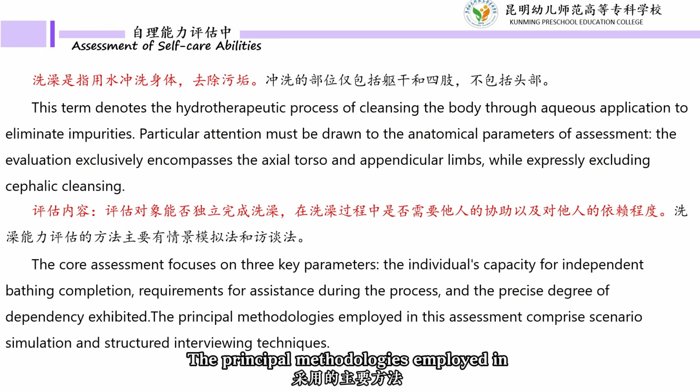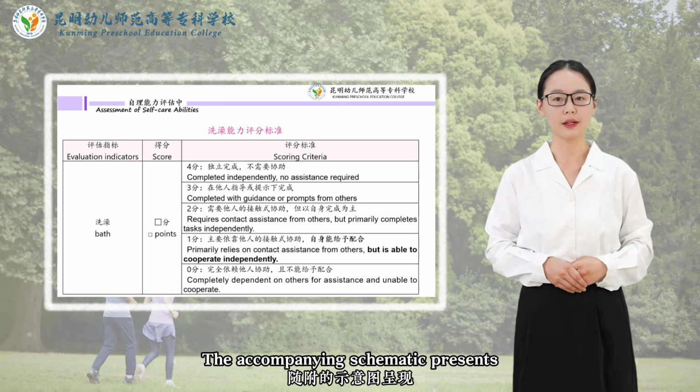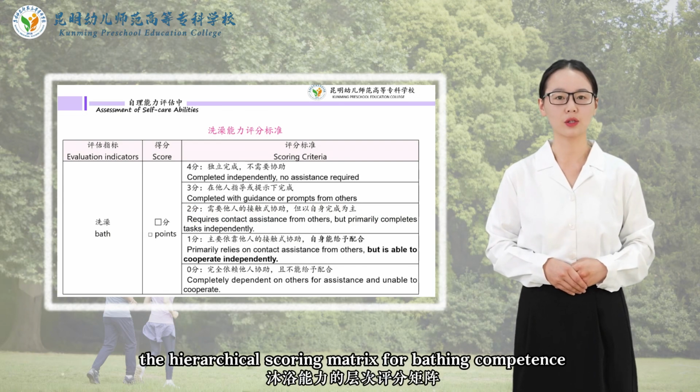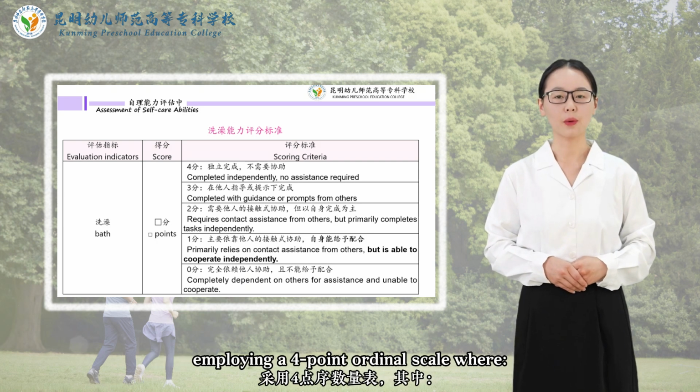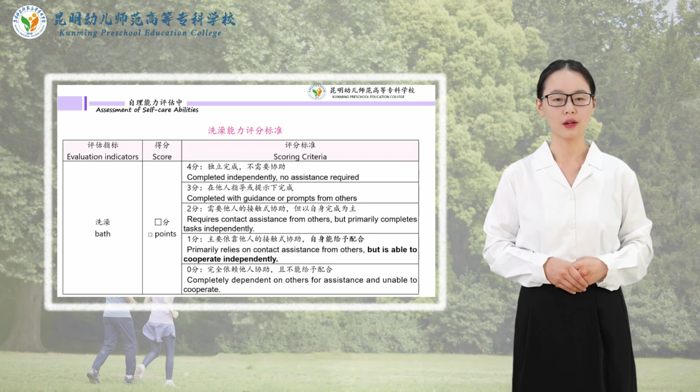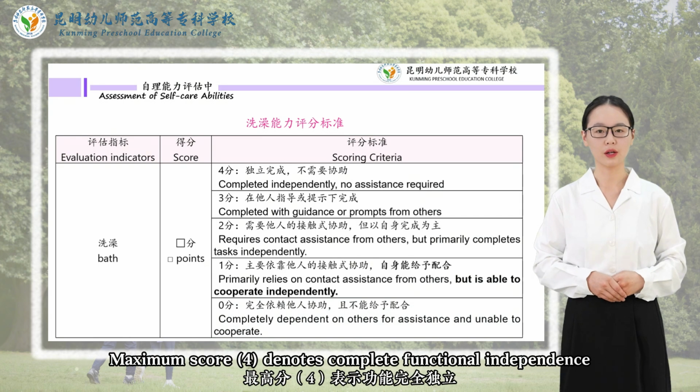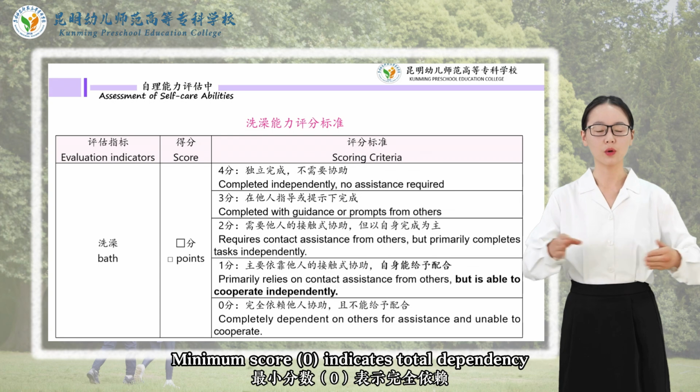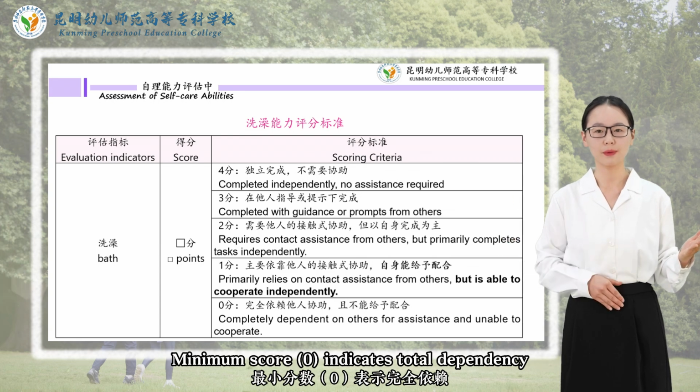The principal methodologies employed in this assessment comprise scenario simulation and structured interviewing techniques. The accompanying schematic presents the hierarchical scoring matrix for bathing competence, employing a 4-point ordinal scale where maximum score 4 denotes complete functional independence. Minimum score 0 indicates total dependency.